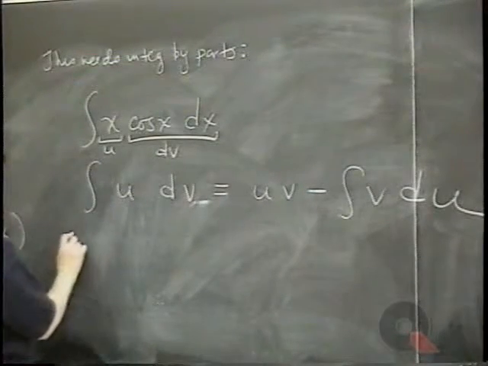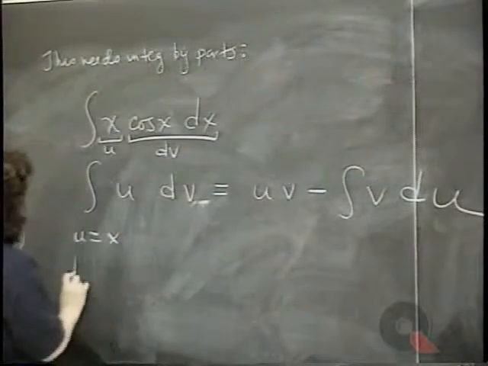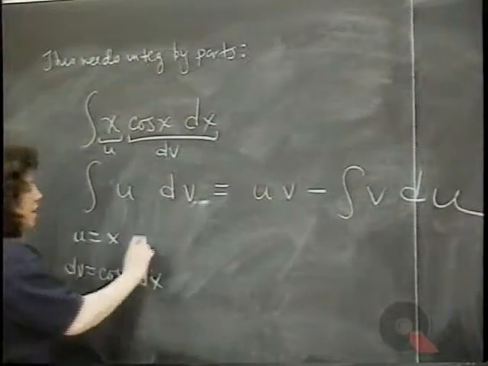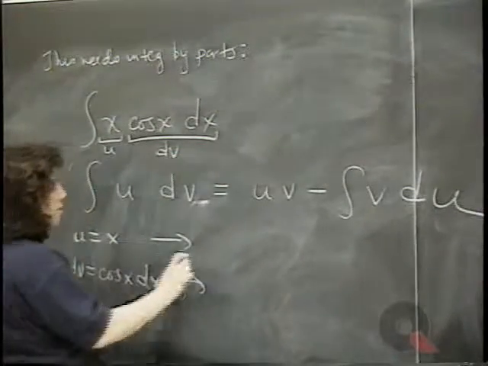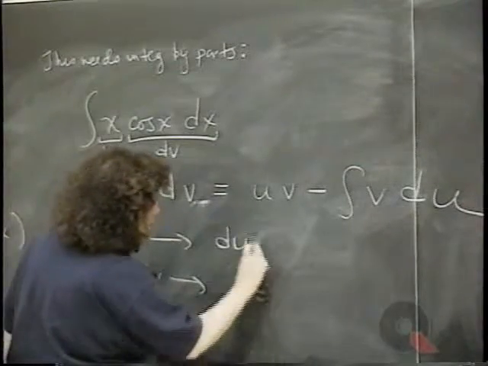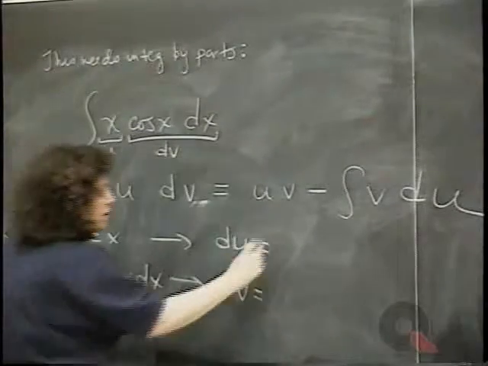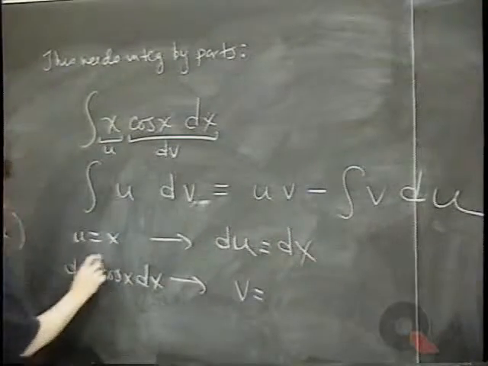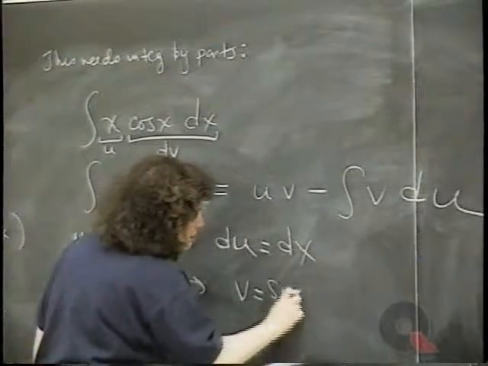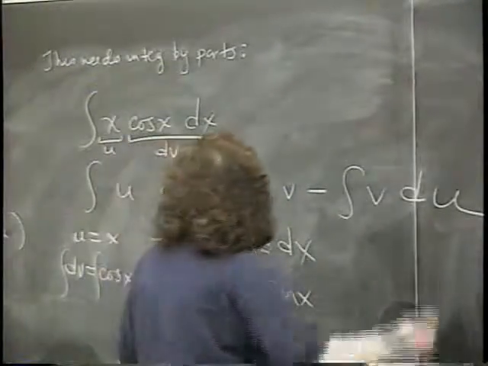So u is x, dv is cos x dx. And I'm going to differentiate to get du and integrate to get v. du/dx is 1, du is 1 dx. Integrating both sides here, v is sine x plus a constant, but we're just going to use the sine x. The constant we'll take care of later.